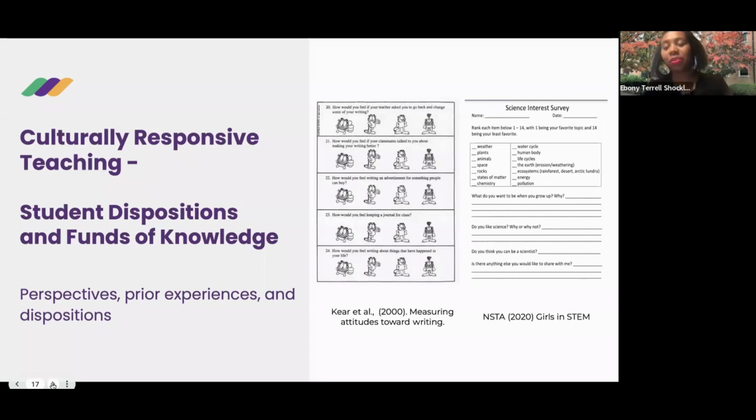As well, we have a document from the National Science Teaching Association. This particular resource was in the Science and Children publication. And here we're asking students to rank each item below, with 1 being favorite and 14 being your least favorite.